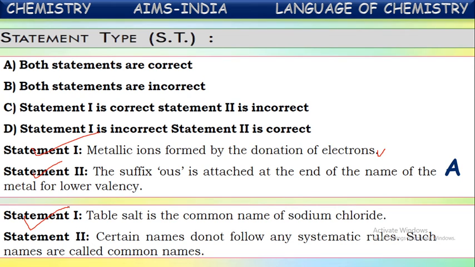Certain names do not follow any systematic rules. Such names are called common names. Yes, some compounds have common names which do not follow any systematic rules. So they are called trivial names or common names. This is also a correct statement. So as both the statements are correct, the option will be A. Okay, next one.